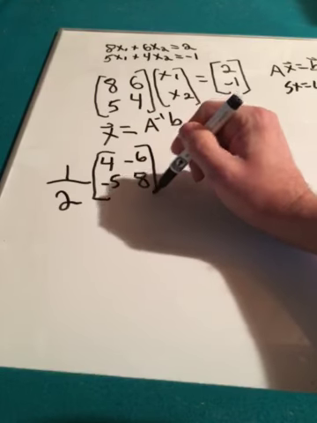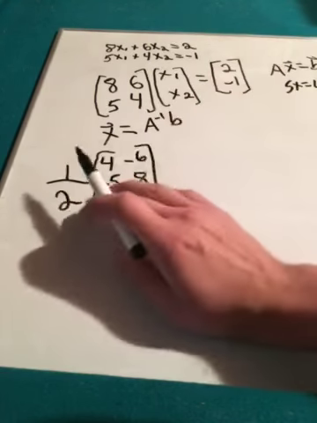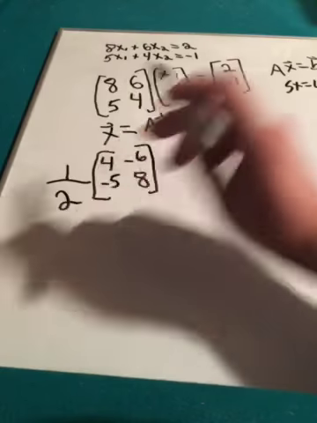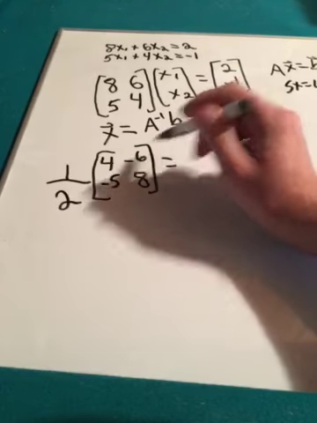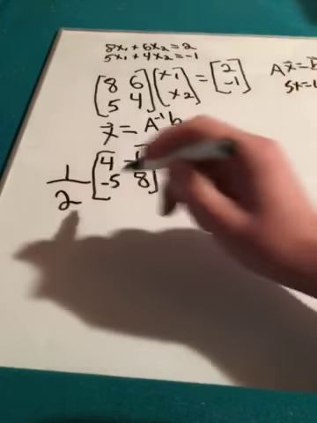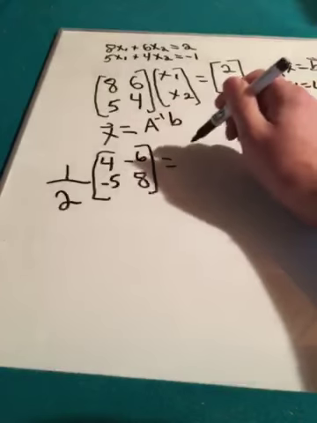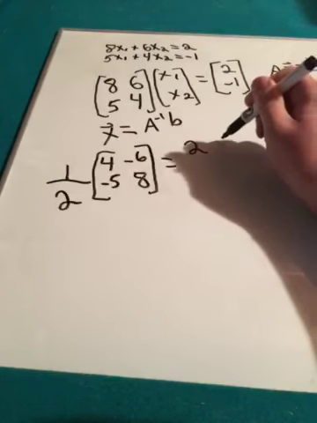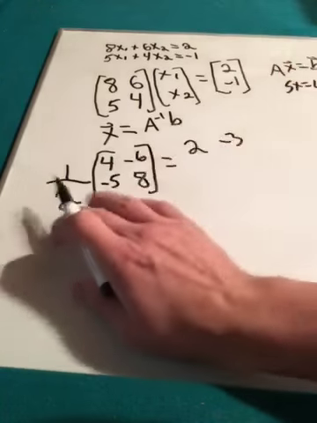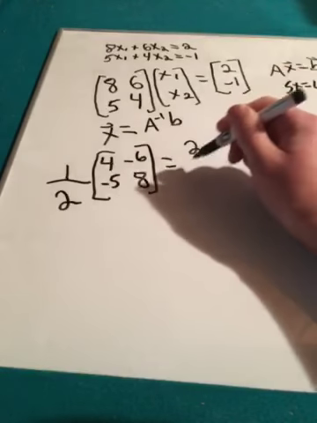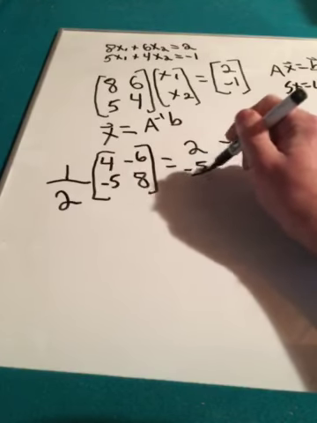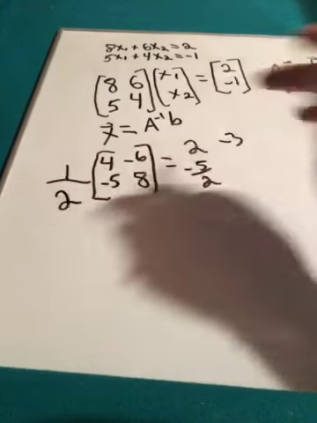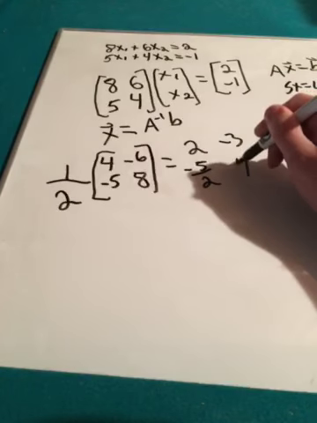Okay? So then, what do we get? This is a scalar times a matrix. So this is just equal to the scalar times every entry. So 1/2 times 4 is 2. 1/2 times minus 6 is minus 3. Half times minus 5, that's minus 5 halves. And then 1/2 of 8 is 4.